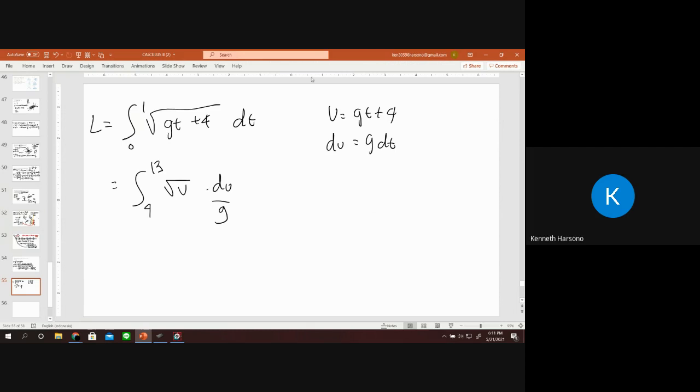If you put 0 and 1 back into u here, this just becomes 2 over 3 u to the 3 over 2, from 4 to 13, and this just becomes 2 over 27 times 13 to the 3 over 2 minus 4 to the 3 over 2. We can just stop here because this needs a calculator to solve.